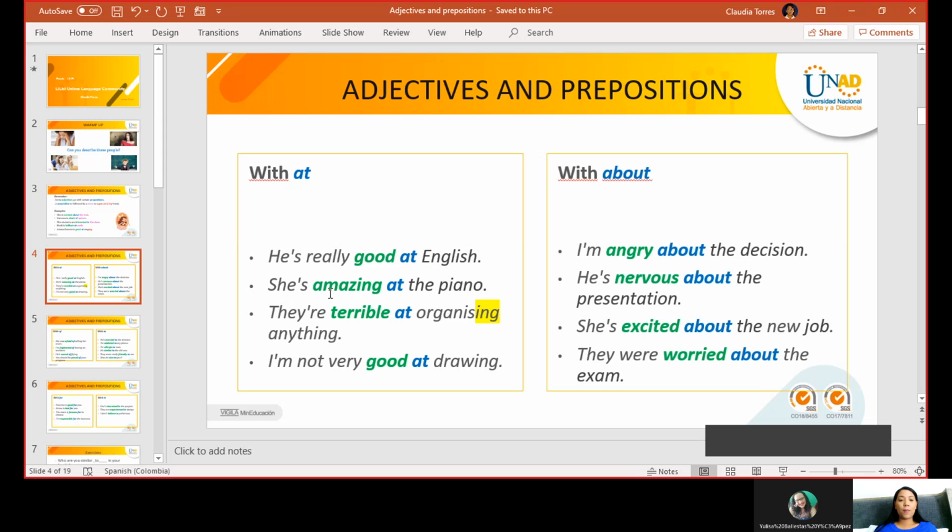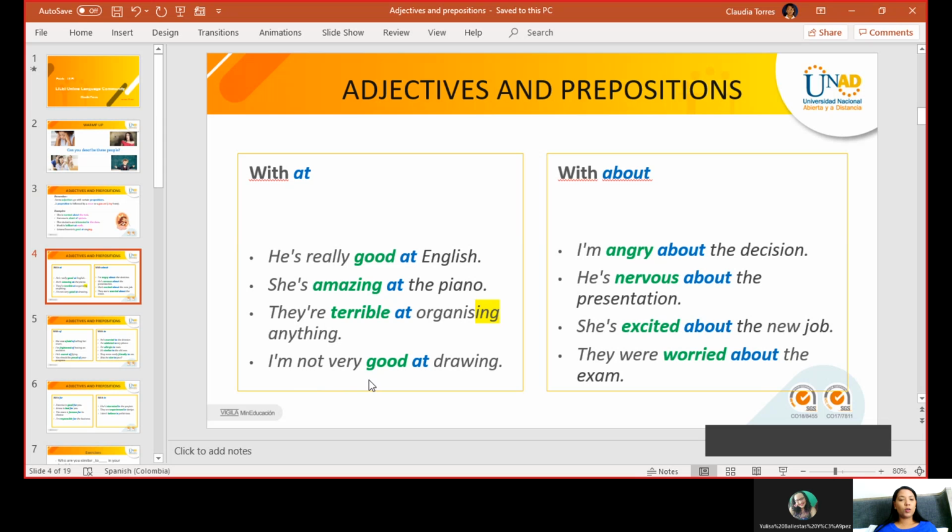For example, she's amazing at the piano, or they're terrible at organizing anything, right? So here, organizing is the verb, right? So as it is a verb, you need ing at the end. Or there's another example.